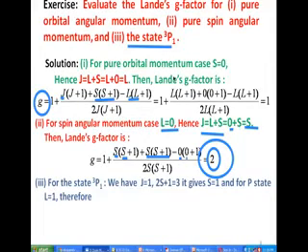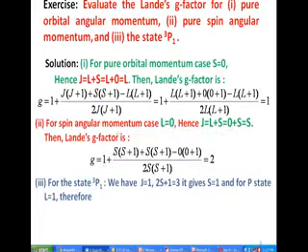So let us try to calculate that. First of all, there is a need to understand the spectroscopic terms. This subscript is the value of J. The superscript 3 represents the multiplicity, which is equal to 2S plus 1, which is equal to 3 here.